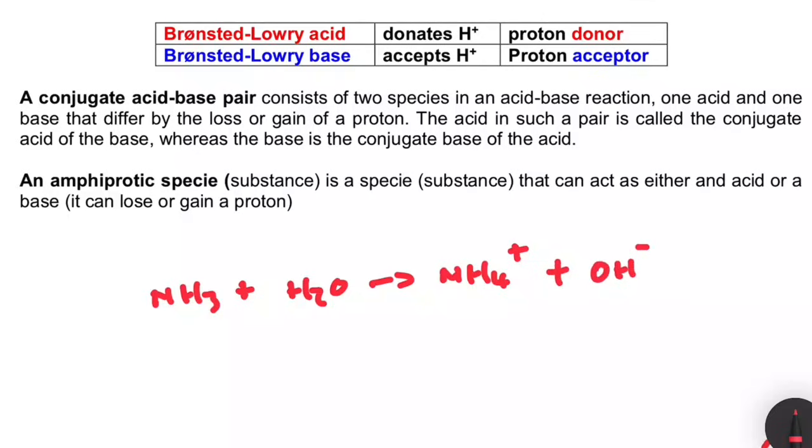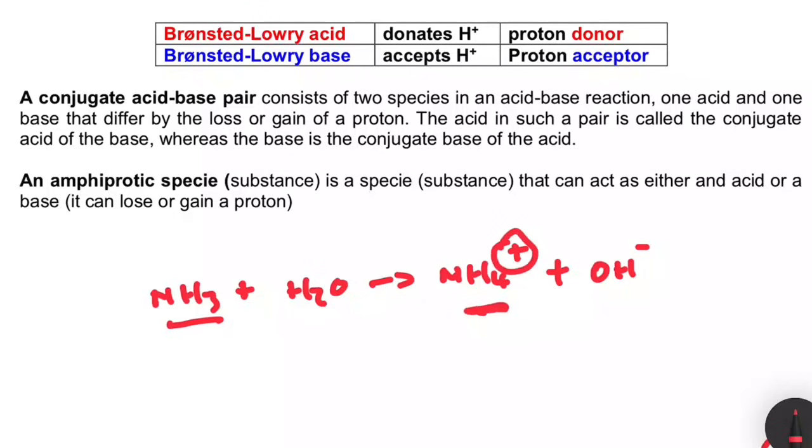Take a look at NH3. Is NH3 acting as an acid or a base in this situation? It is acting as a base. Why do you say that it is acting as a base? That is because here it accepted a proton. And then H2O on the other end?